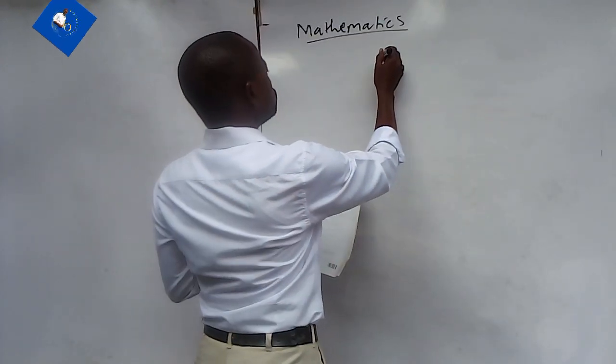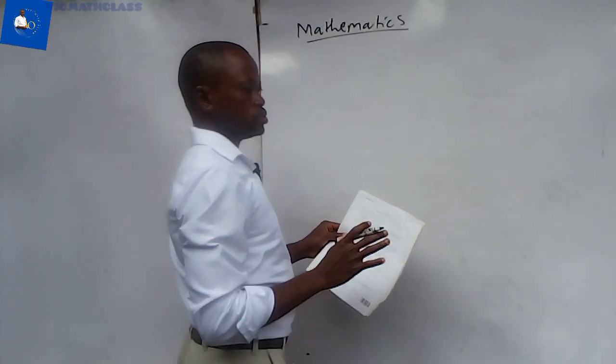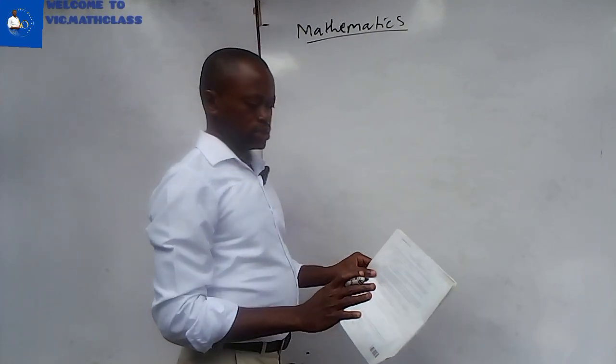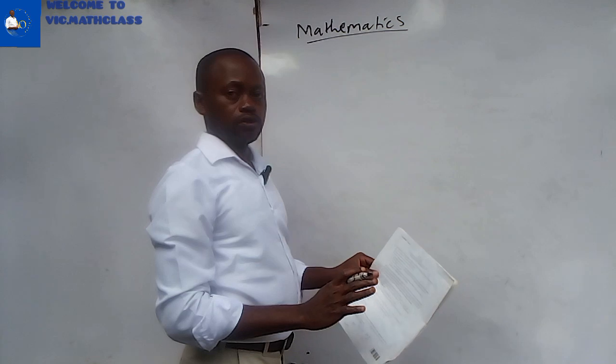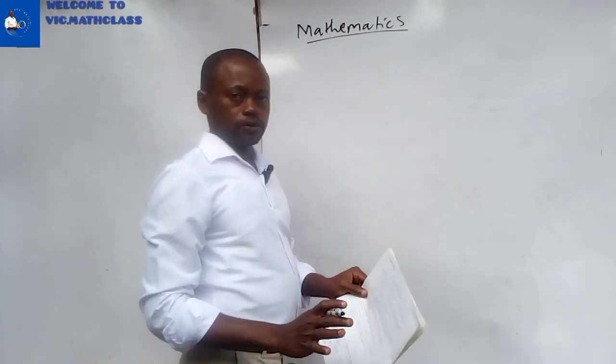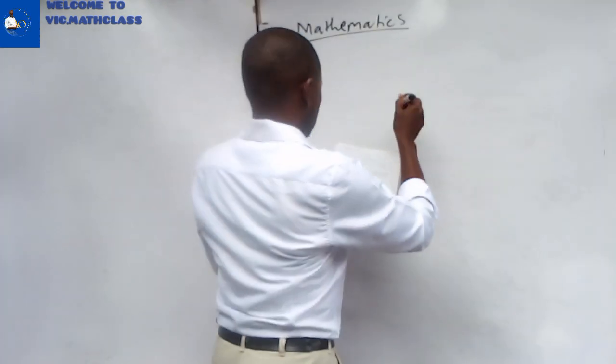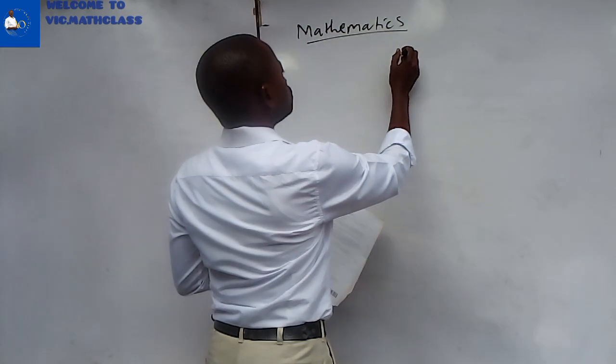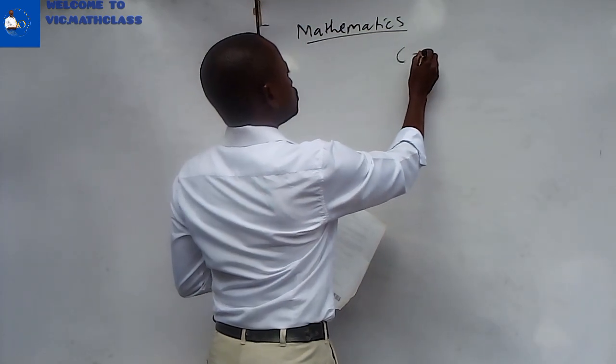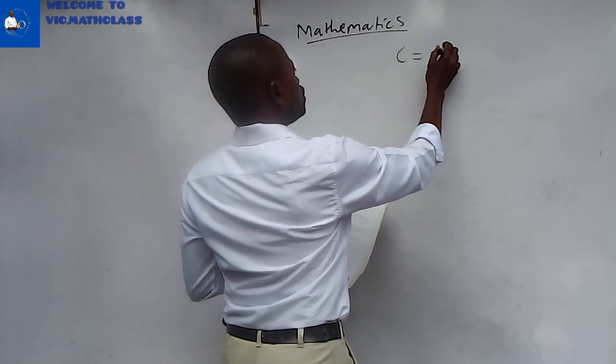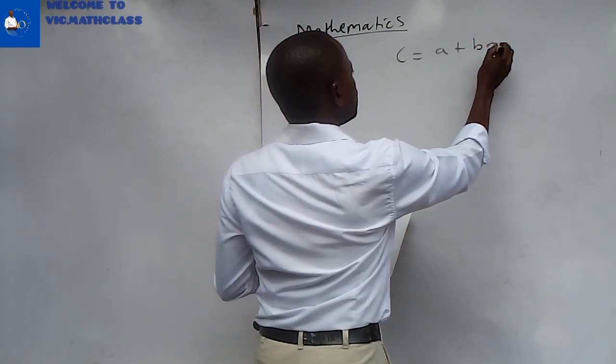So we are going to write the mathematical expression that will help us to project a variation that we say is partial. We are going to have C equals A plus Bn.